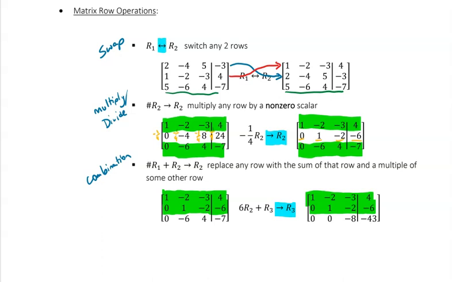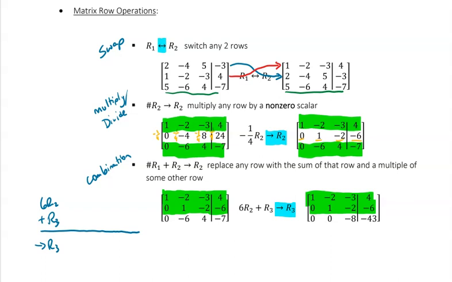All right, now this is the one that I do recommend doing some scratch work out to the side for. So 6 row 2 plus row 3. That's what we're trying to do. And that's going to replace row 3. So first off, let's do 6 times row 2.